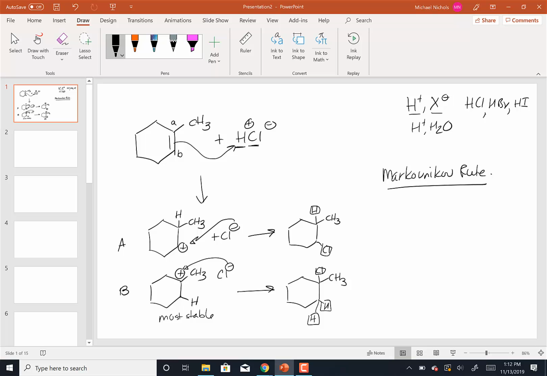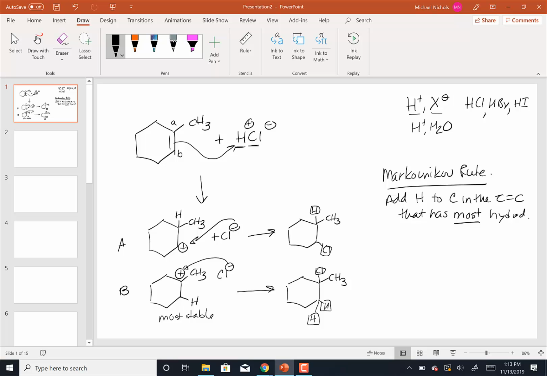The Markovnikov rule says that you add the hydrogen to the carbon in the carbon-carbon double bond that has the most hydrogens. And that will give you the major product of the reaction. So Markovnikov's rule allows us to predict what the major product would be.